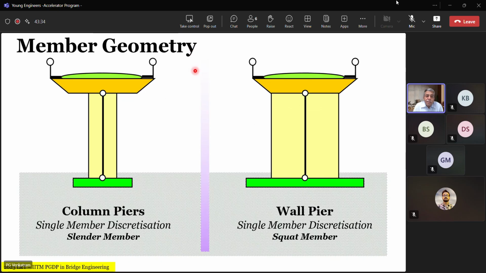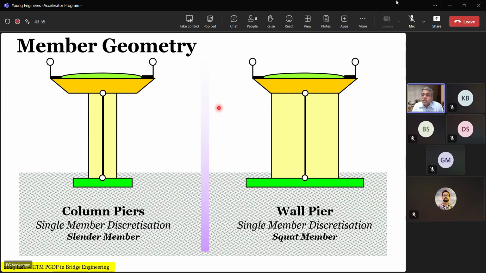So we come back to discretization again, single member discretization for column pier and wall pier. Column pier is a slender member and a wall pier is a squat or a short member or a short column, if you want to use the slender column, and short column is something that is easier for you to understand, a slender member and a squat member.